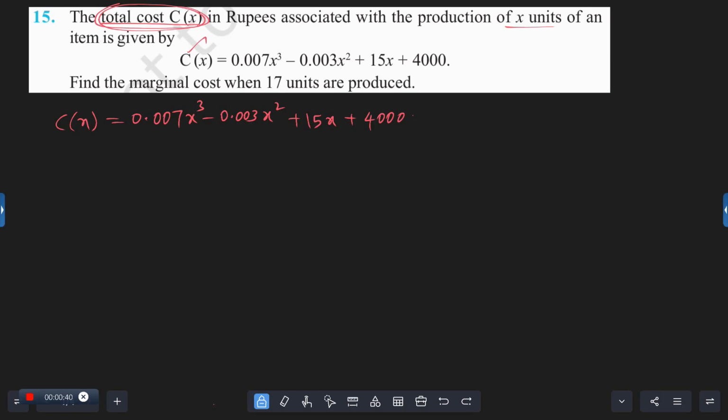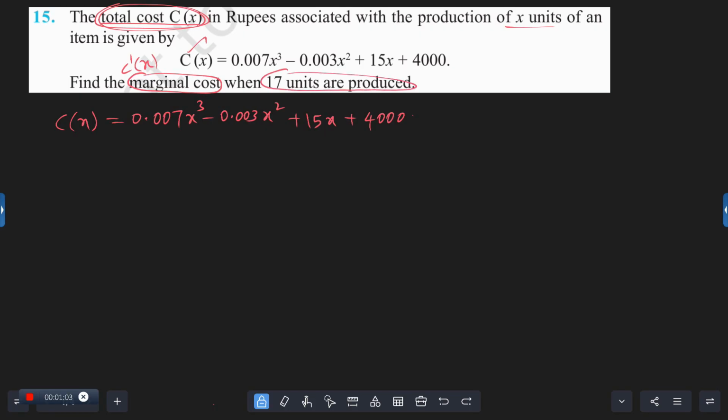What are they asking? Find the marginal cost. Listen carefully. Marginal cost, or revenue cost. The meaning is what? C dash of x. They are asking to find it when 17 units are produced.